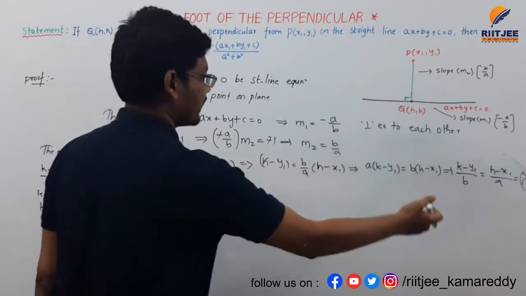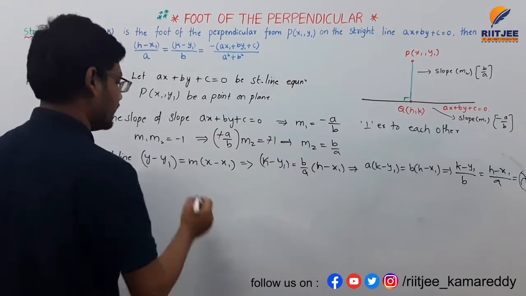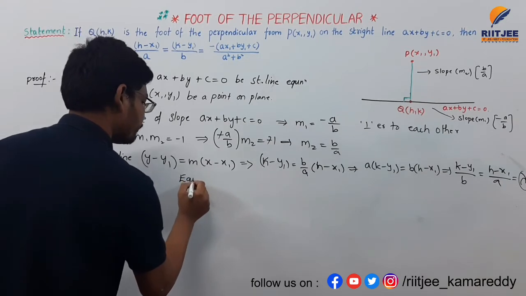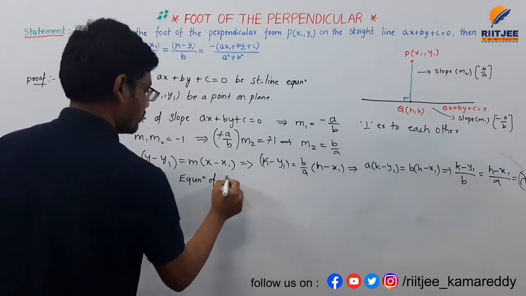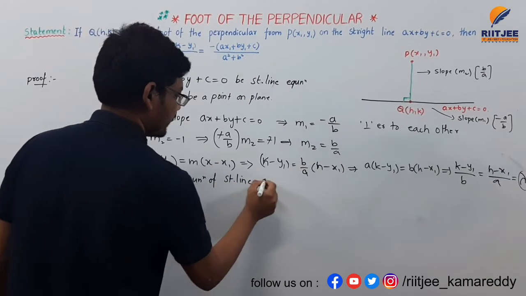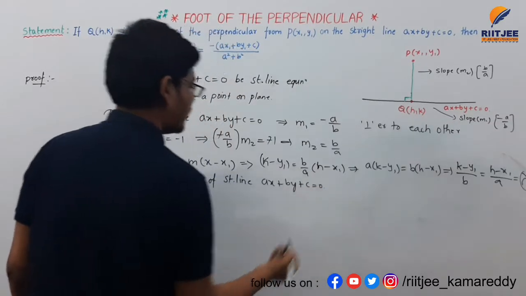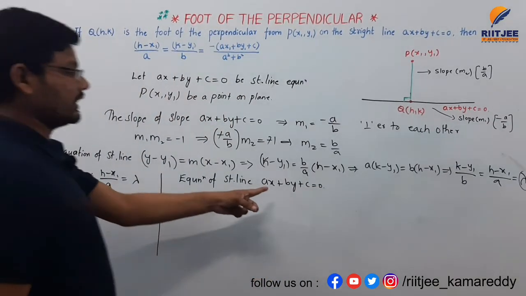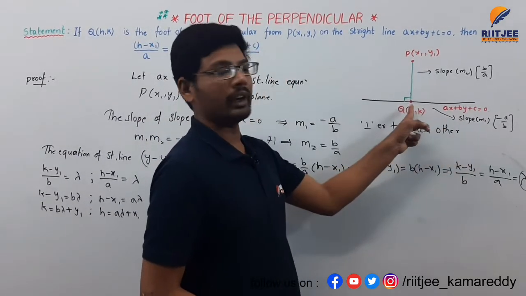And this equation of the straight line should satisfy h comma k. I am taking the straight line equation ax plus by plus c is equal to 0, and let's substitute, since this straight line is also passing through h comma k.